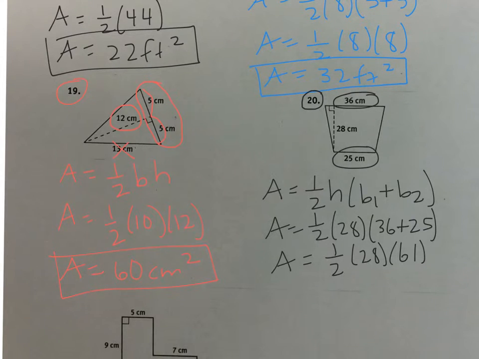And then I'm just going to do 28 times 61, which is 1708. And then half of that is 854 centimeters squared.